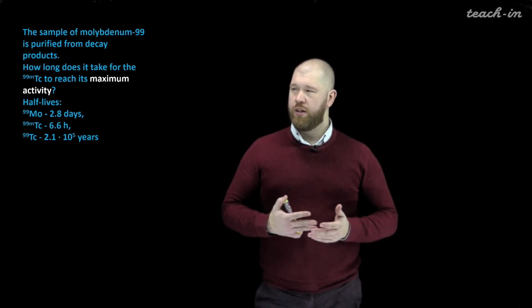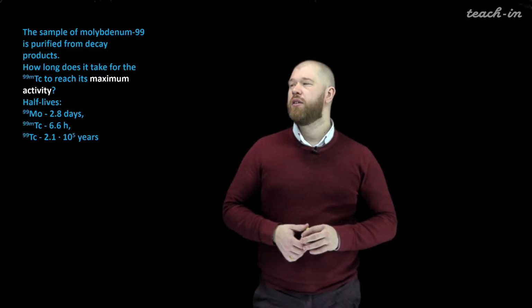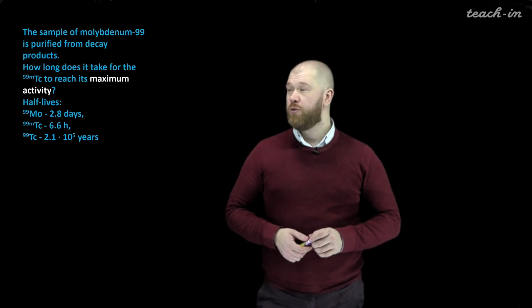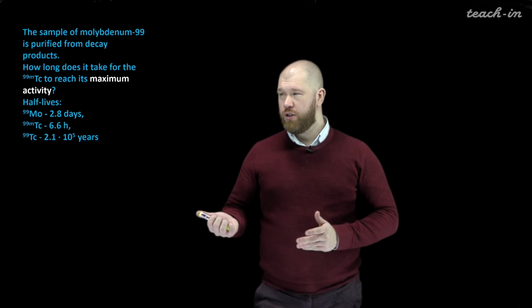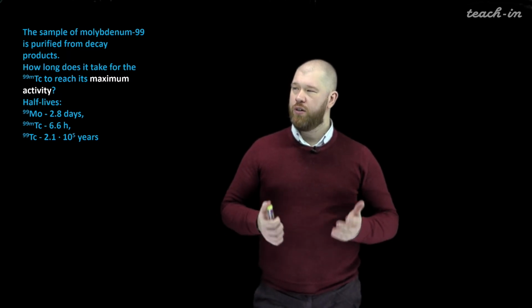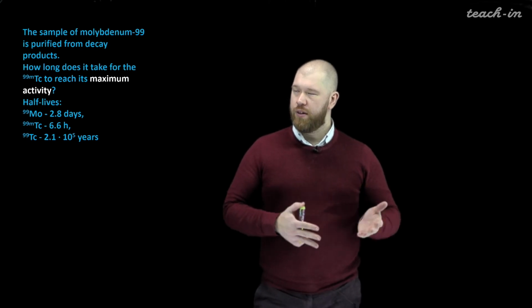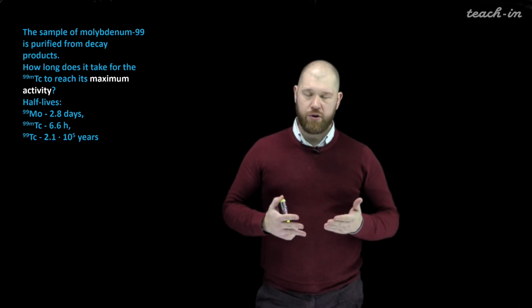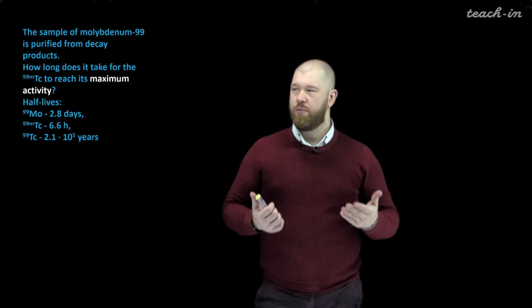We cannot say that the half-life of molybdenum is much longer than the half-life of technetium-99m, and it is a case of transient equilibrium. And we have to calculate the time after which the activity of technetium-99m will reach its maximum value.